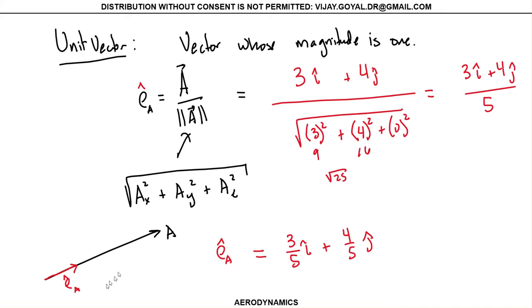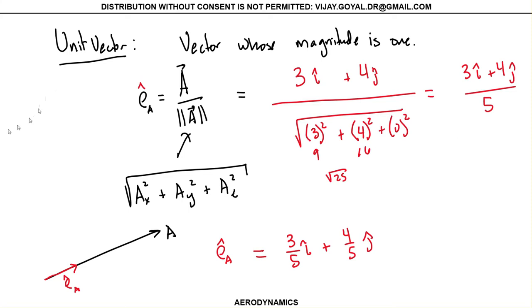I like to call unit vectors hats, that's what I like to do. If I find the norm of this, it will actually give you 1, and you can show that to yourself.